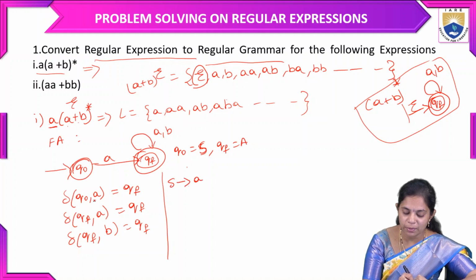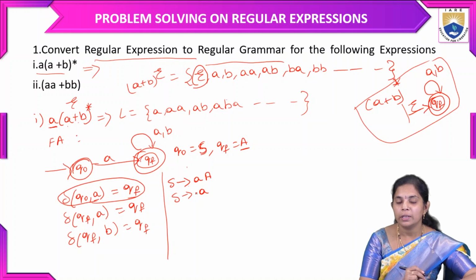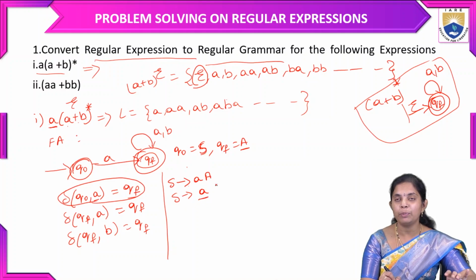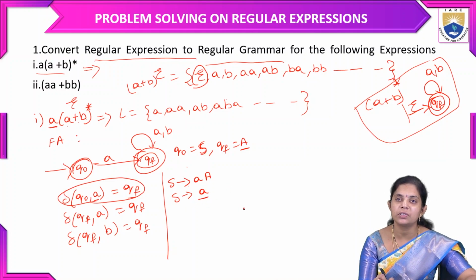So with the input symbol a, it is reaching the capital A, that is the final state. And when with one input symbol we are reaching the final state, we need to add S tends to small a also. This represents that with this input symbol, it is reaching the final state.